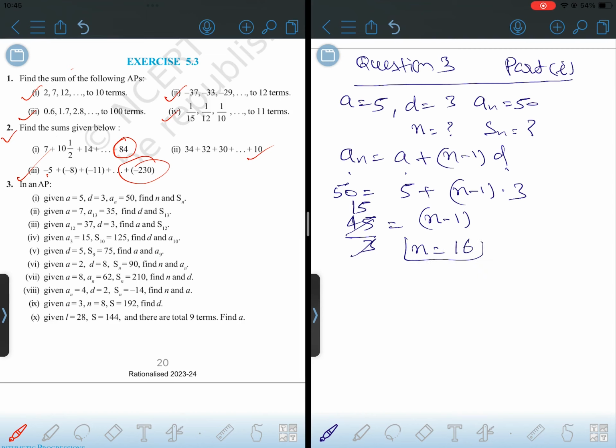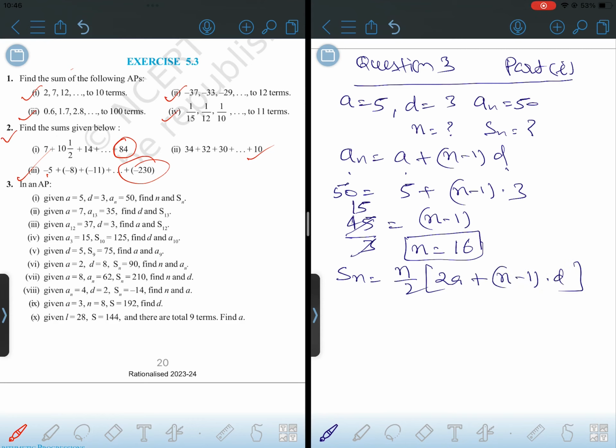So now we have found the value of n, the number of terms in this AP. Now to find the summation of the AP, you have to use the formula Sn is equal to n by 2 in bracket 2a plus n minus 1 into d.